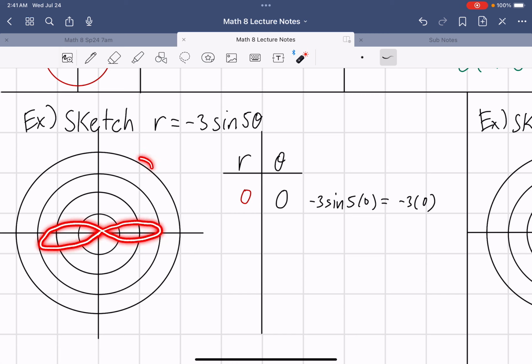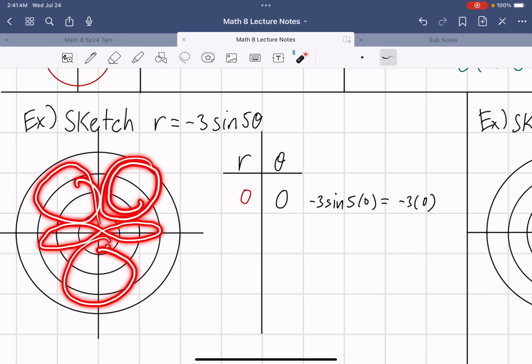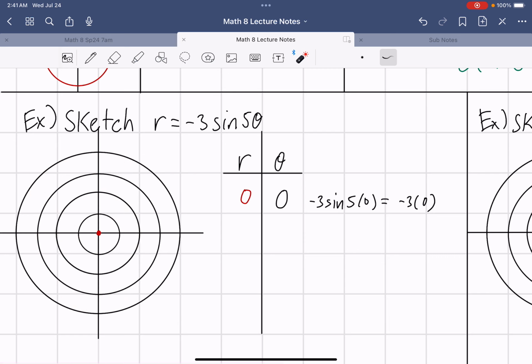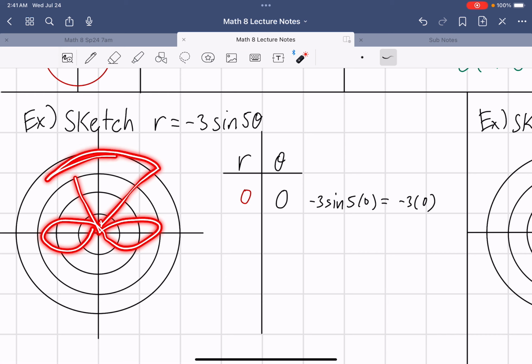So that means the petals must be either in this portion, or here. So that's super useful. So let's now look in this direction, because I know there's no petals here, maybe somewhere in this direction there might be, or somewhere down here.